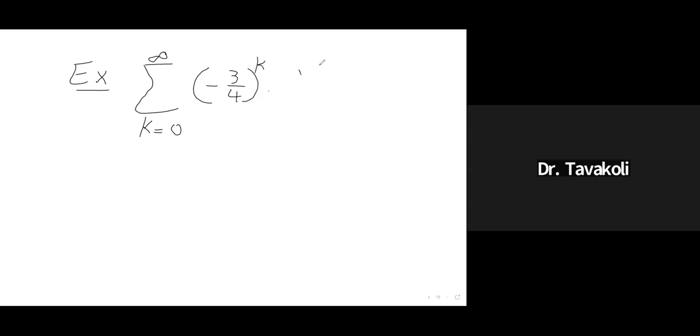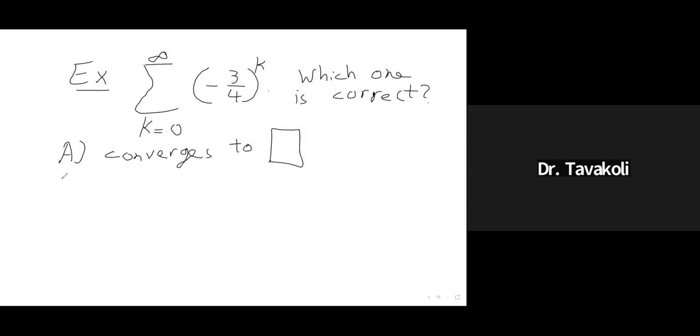So which one is correct? A, the series converges to a specific number, or it just diverges.